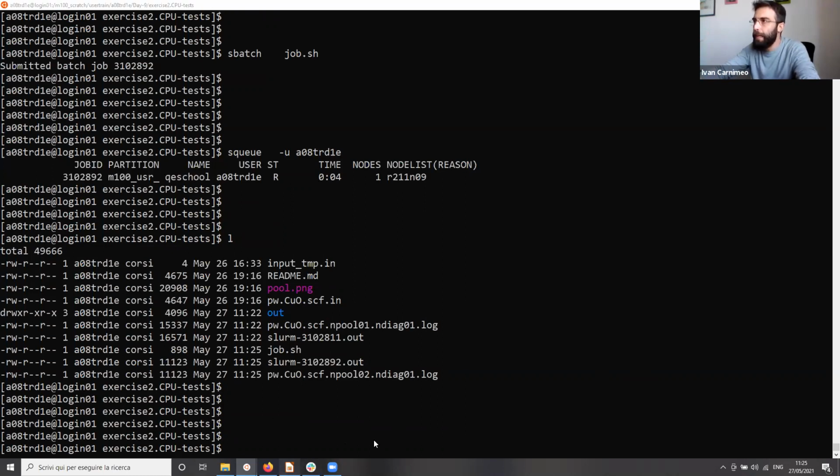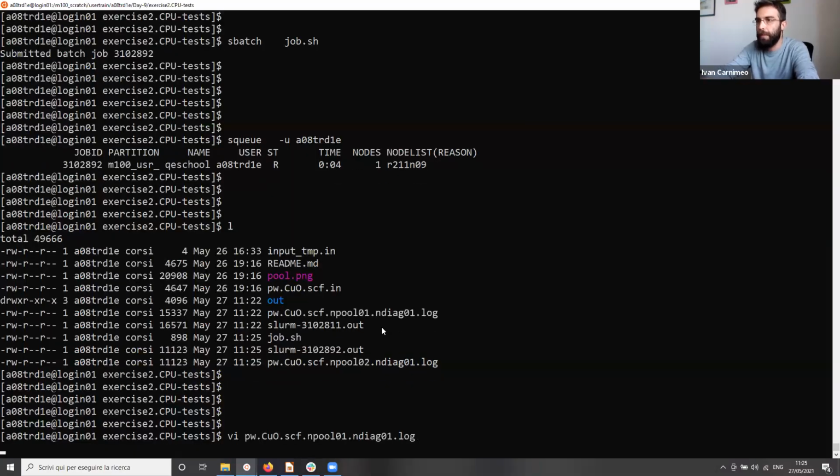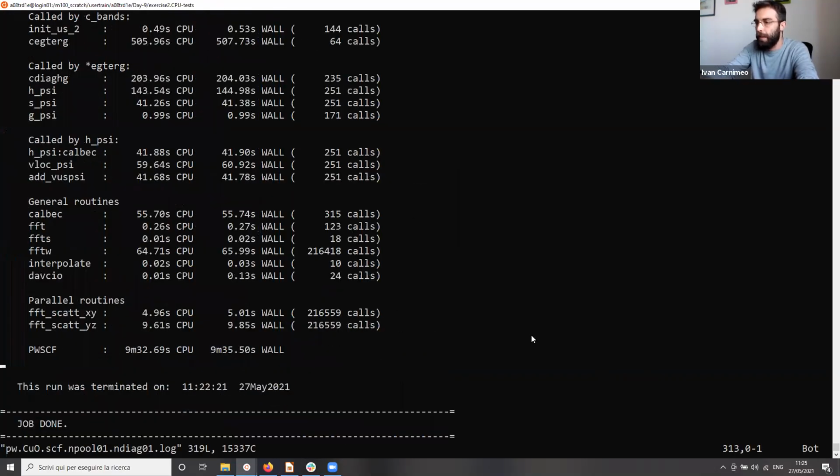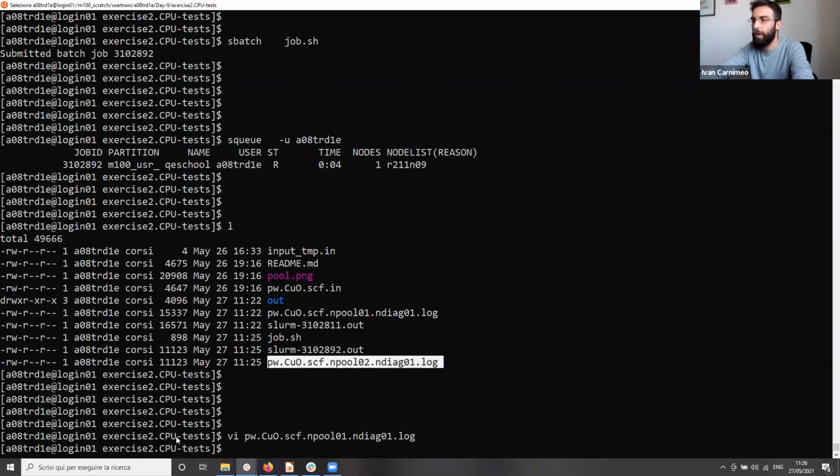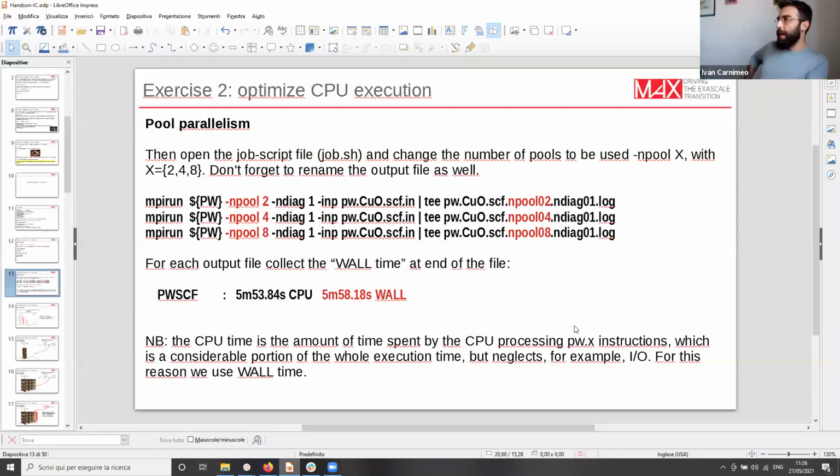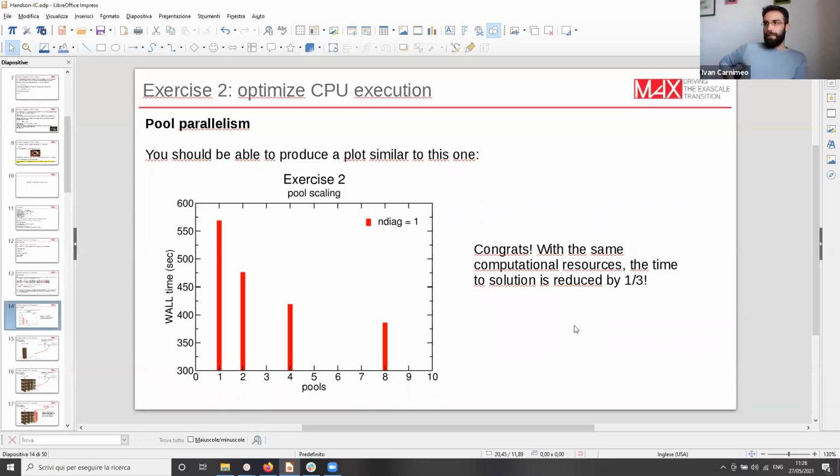But at the end, if you check the wall times, you have the wall time at the end of this file, and then you compare with the wall times at the end of the other files you will be getting in a while. So for npool 2 and npool 4, you can plot them or just check them, and you should find a trend like this, because increasing the number of pools is decreasing communications at a fixed number of MPIs.